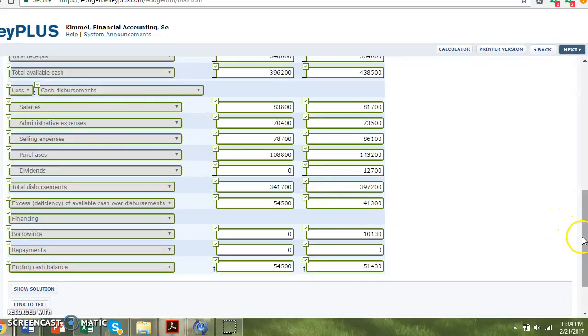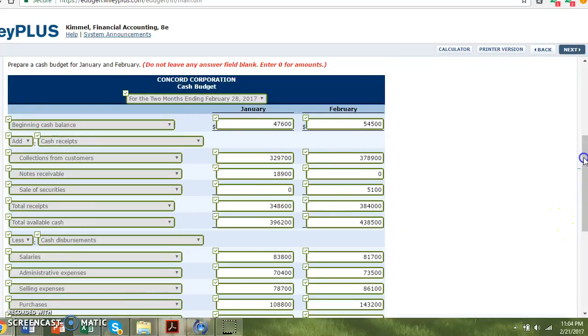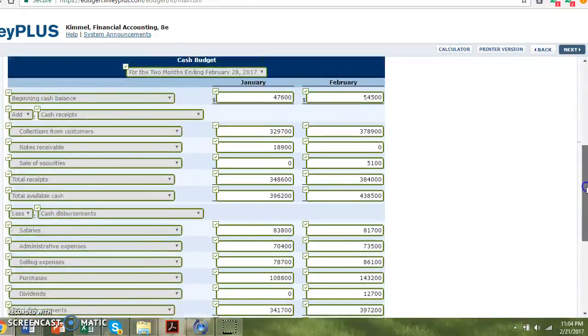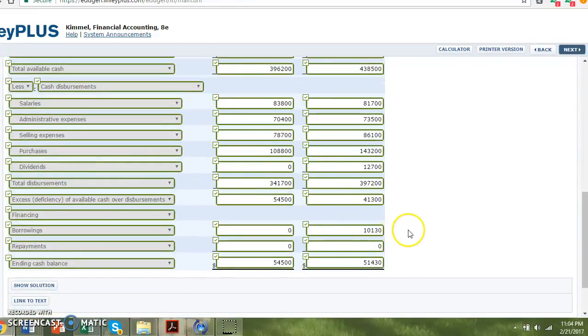Now again, we know that they want to end, we got to scroll back up here, sorry, with the minimum cash balance of $51,430. So we're going to have to borrow some money. You take the $51,430, subtract $41,300 from it, you get $10,130 that you have to borrow, which gives us our grand total of $51,430.